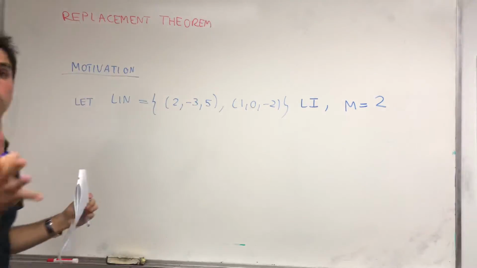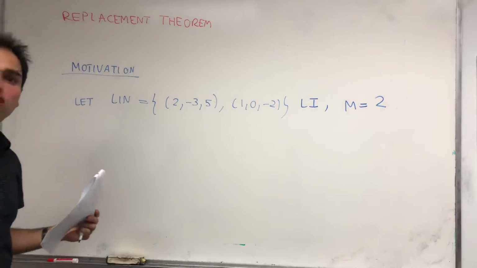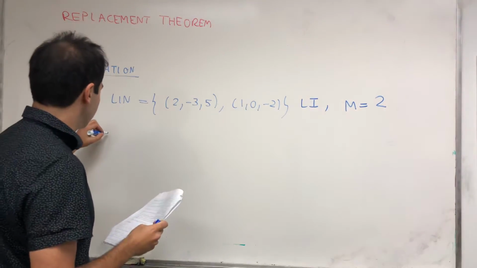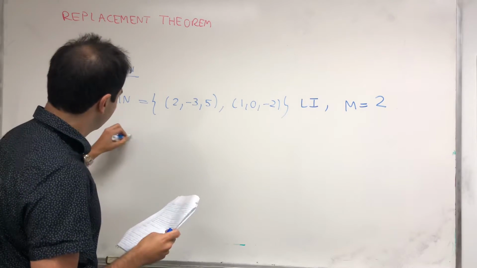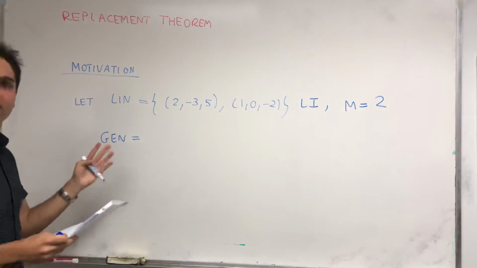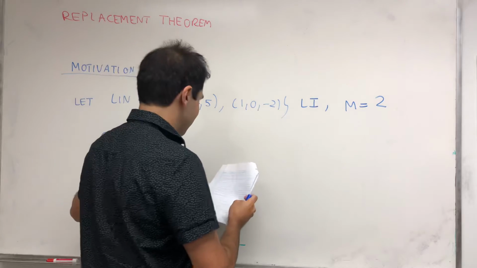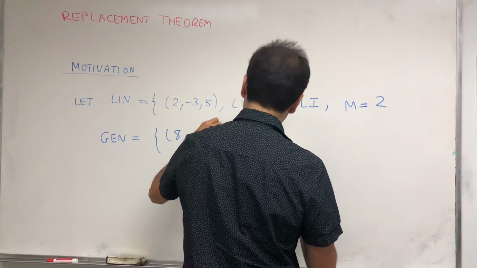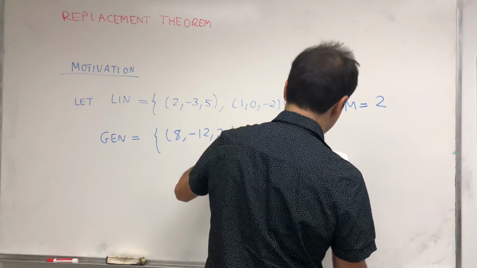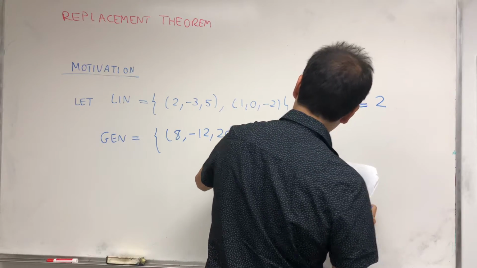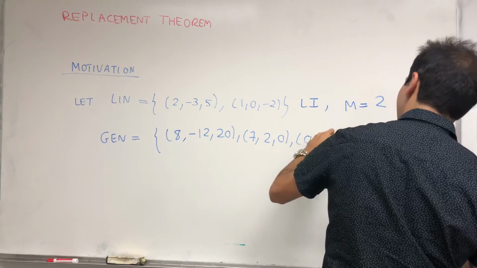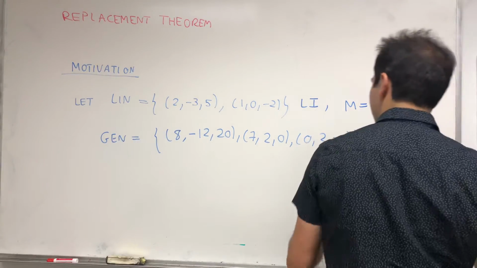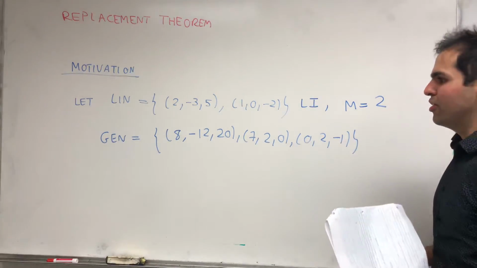On the other hand, suppose you have another set that you know for sure spans your space. So let gen, as in generates, or spans, be, for example, the set (8, -12, 20), (7, 2, 0), and (0, 2, -1).